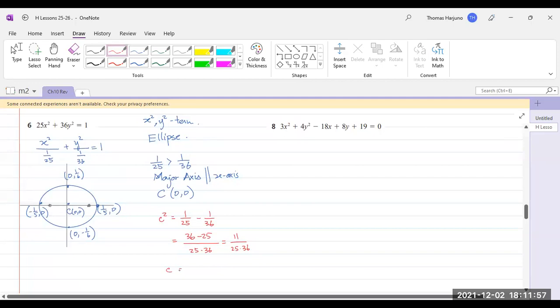So c is equal to the square root of 11 over 5 times 6, which is 30. I'm sorry, this is 11. But 11 is slightly more than 3, right? So this is slightly more than 3 over 30, which is 1/10.